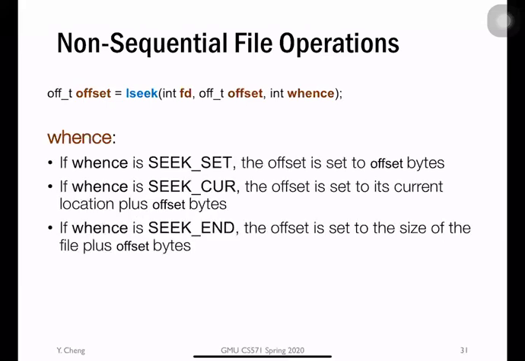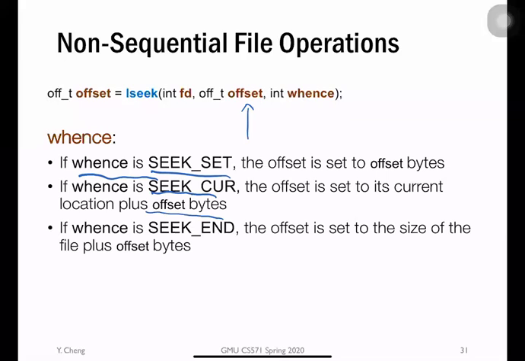Okay, so the whence is the flag that you can configure. So if the whence is set to SEEK_SET, then the offset will be set to the offset bytes specified by the second parameter. Okay, otherwise if the whence is set to SEEK_CUR, the offset will be set to its current location plus the offset bytes. So note here there are some subtle differences.